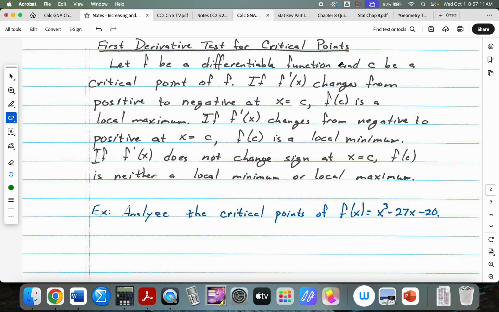Because when we change from f prime as positive to f prime as negative, we're changing from f as increasing to f as decreasing. And if f prime of x changes from negative to positive at x equals c, then f of c is a local minimum. And then there's always the third possibility that f prime of x does not change sign at x equals c, then f of c is neither a local minimum nor a local maximum.